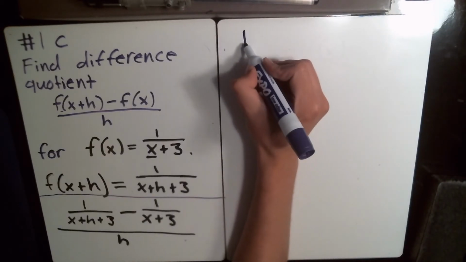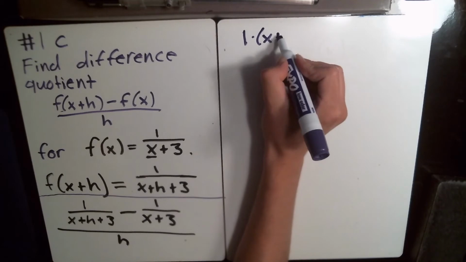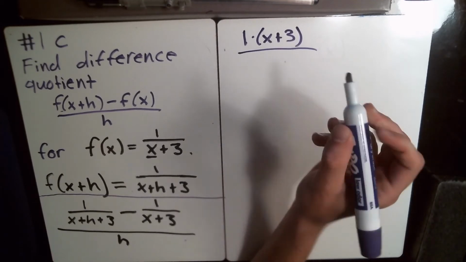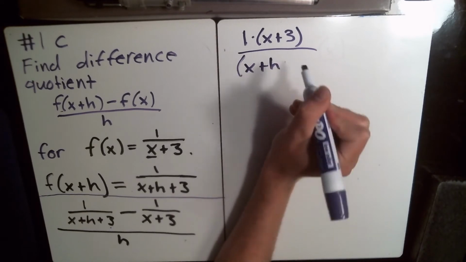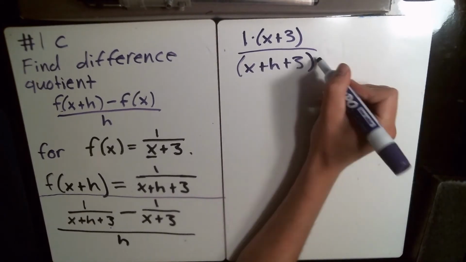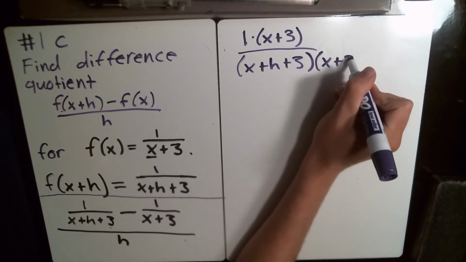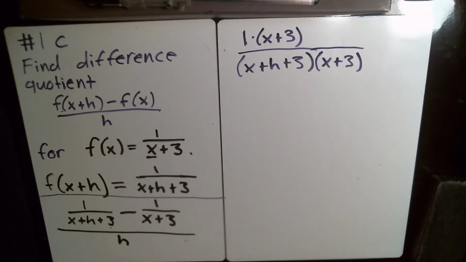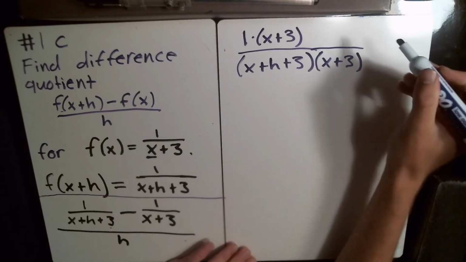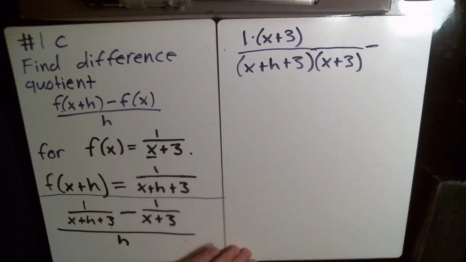So I'm going to have 1 times x plus 3 on the top, and the bottom here was x plus h plus 3, and I'm multiplying that also by x plus 3. So I'm multiplying top and bottom by x plus 3. And then on the other one, I'm going to multiply by what's on the bottom of this one.